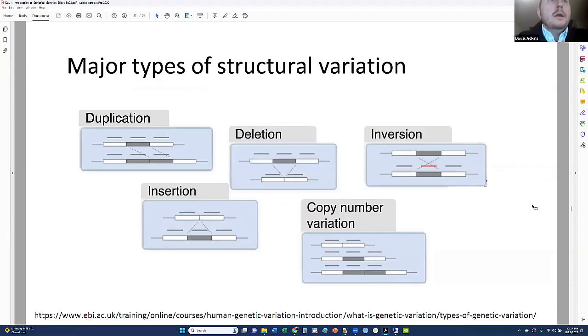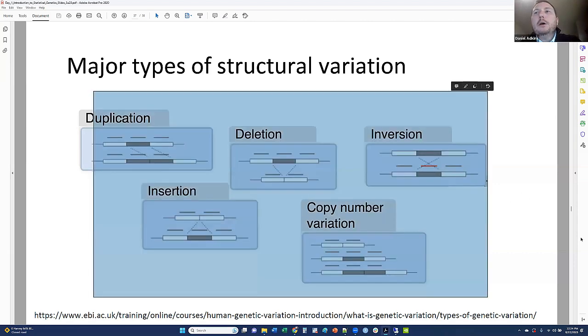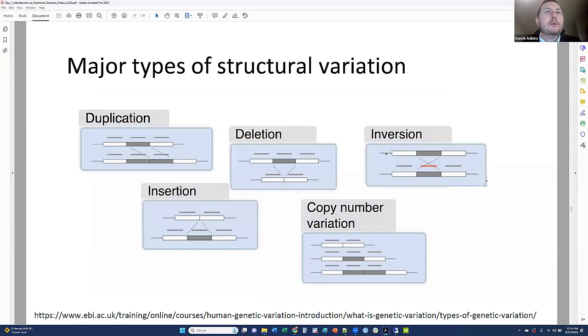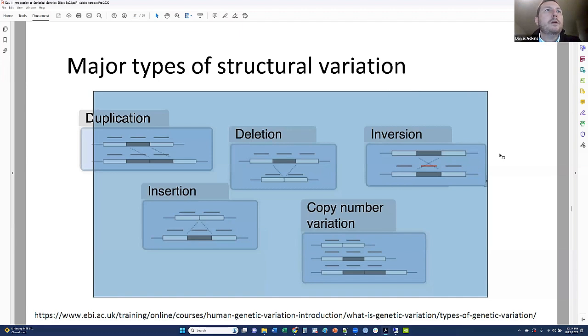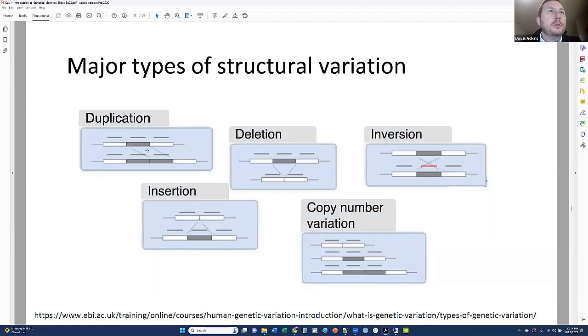Okay. Structural variation. We already talked a good bit about structural variation, so I'm not going to spend a ton of time here. But there are various primary types of structural variation. We've got duplication. This would be a situation where a segment of DNA gets replicated in a mutation.